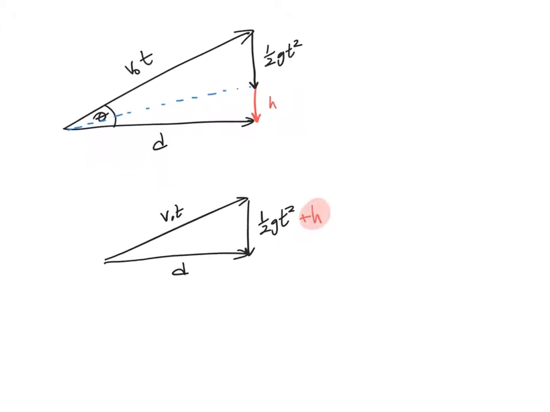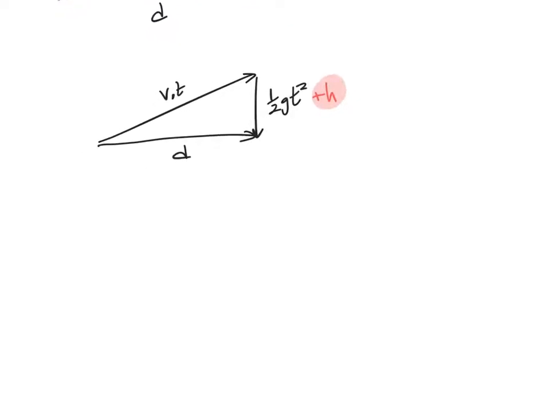So here's theta. So the tangent of theta would be 1/2 gt squared plus h over d. So it's a simple enough tangent ratio given what we have.